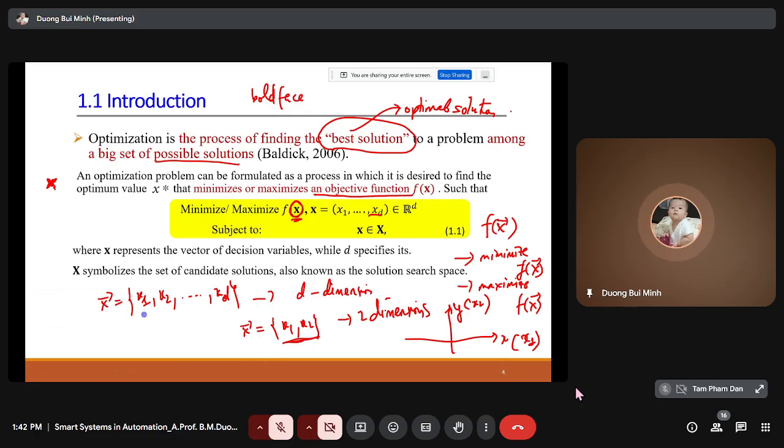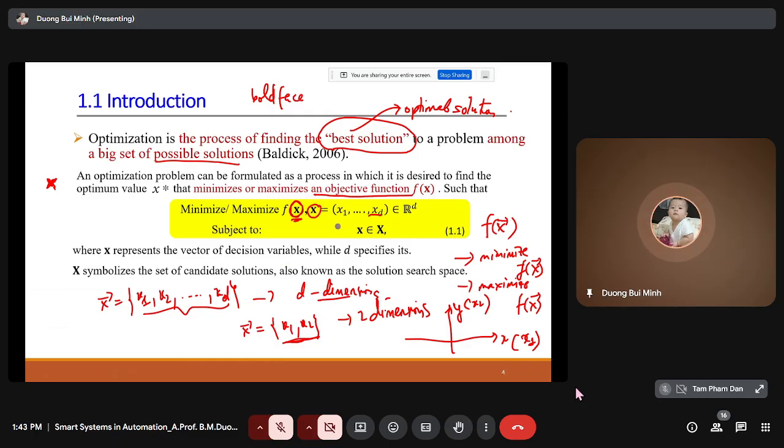Here we have d elements, x1, x2, to xd, so we have d dimensions. We have two elements, so two dimensions. It depends on the application; we may have more dimensions. This is the vector.